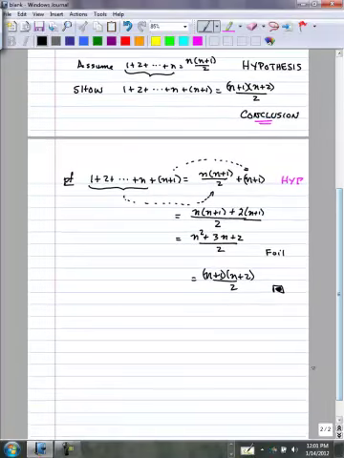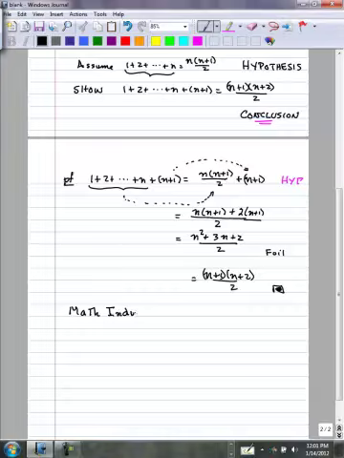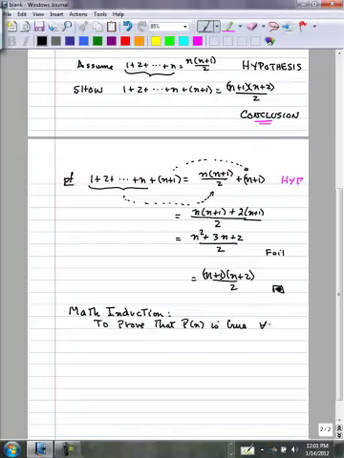All right, so now we can state the general principle of math induction. It's applied to theorems that depend on the positive integer n. Here's how it goes. To prove that P of n is true for all n bigger than or equal to 1, let's say.